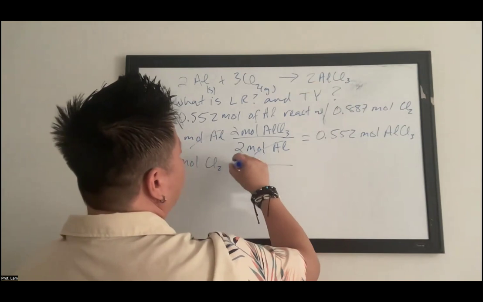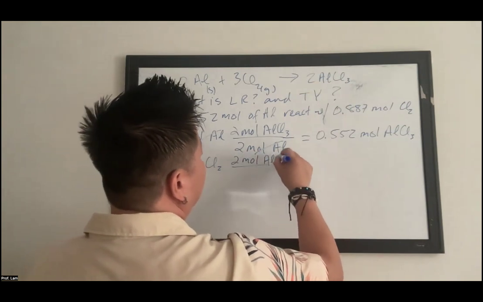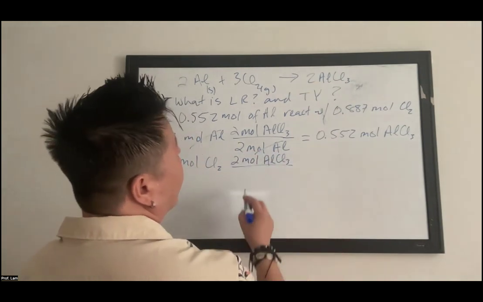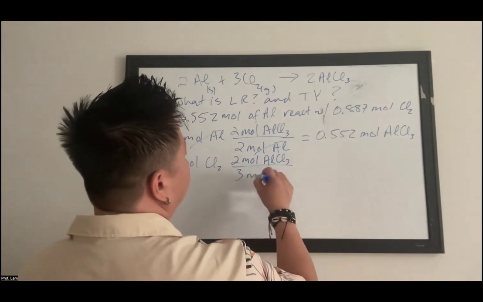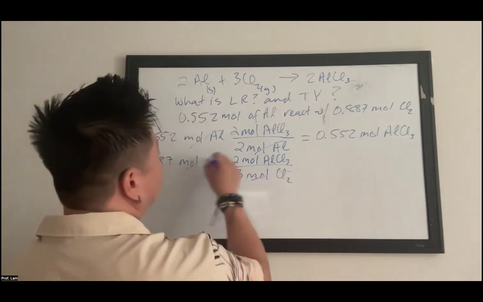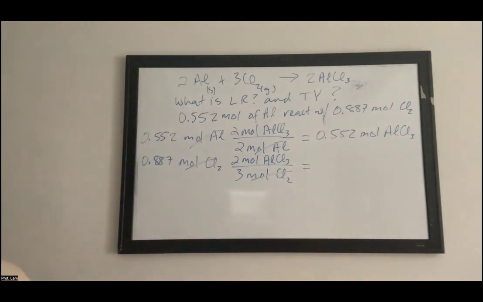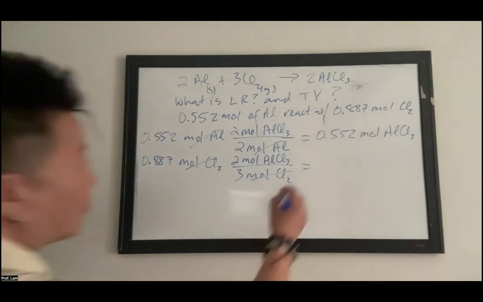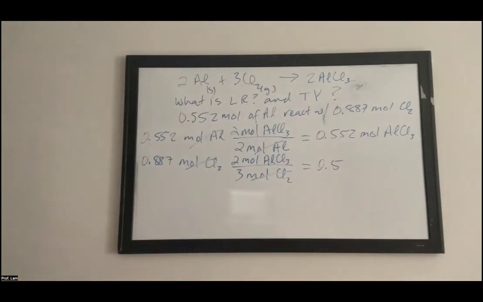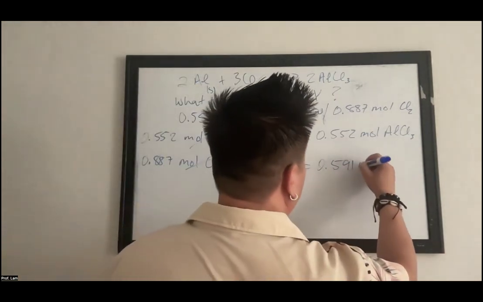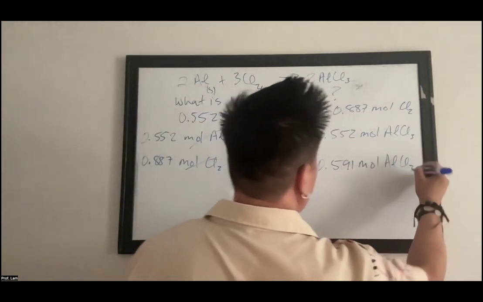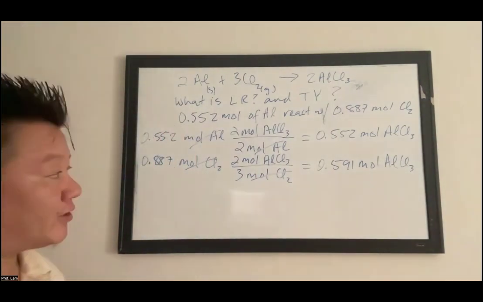Again, we need to go all the way to product. So 2 moles of AlCl3 over 3 moles of Cl2, and we'll have 0.591 mole of AlCl3.